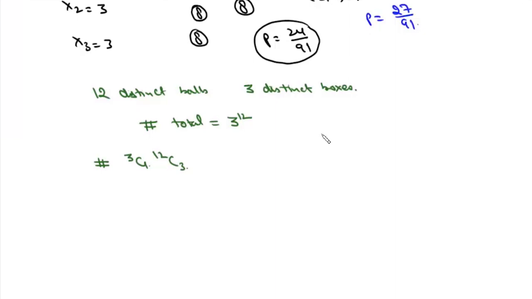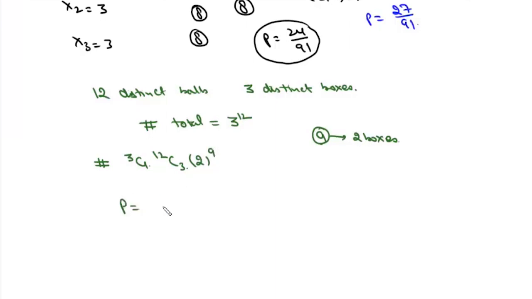Now we are left with 9 balls and 2 boxes. Now these 9 balls are to be distributed in these 2 boxes. Now if we consider the case when at least one of the boxes has 3 balls, then for each of the 9 balls we have 2 choices. So it can be distributed in the remaining 2 boxes in 2 to the power 9 ways.